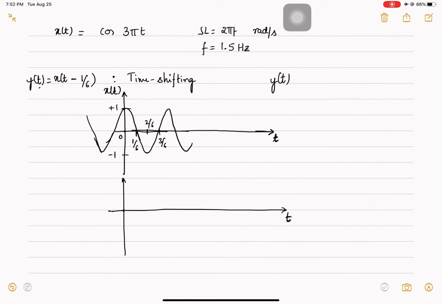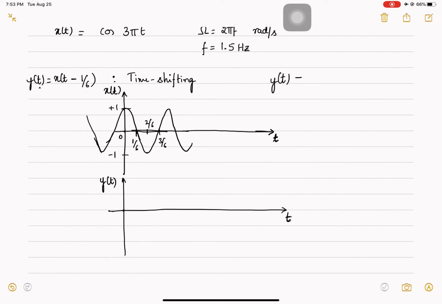Because the variable is only t, so anyway it will be a function of time. I'm just calling it by a different name. Basically I'm shifting the function, and my variable will be t, so my axis is t here, and this is y of t. 1 by 6 is a constant anyway.